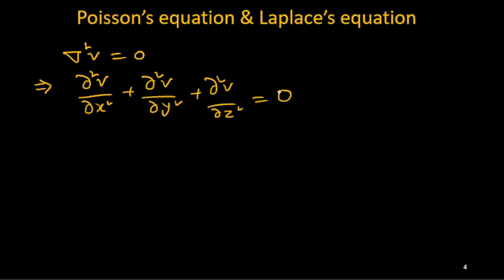So this is the Laplace equation, and we can use it to find the potential in a region where there is no charge. I'll take a few examples. One example I'll take for the rectangular coordinate system, and the other two, one from cylindrical, and the other from concentric spheres. So three examples I'll be taking.